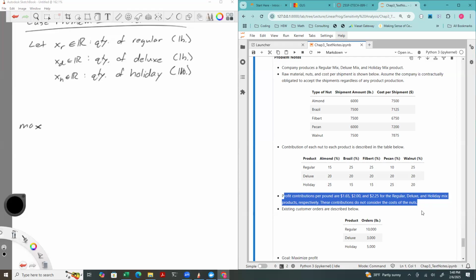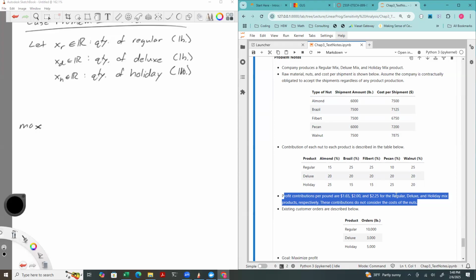Well, the problem also gives us up here the total cost of a shipment and the shipment amount. So we could definitely calculate the cost per unit pound of nut based off of the shipment. So one might think that, okay, I need to calculate that cost and subtract it from each one of these profit values to get a net profit value. And then I'll put those as the coefficients in my objective function.